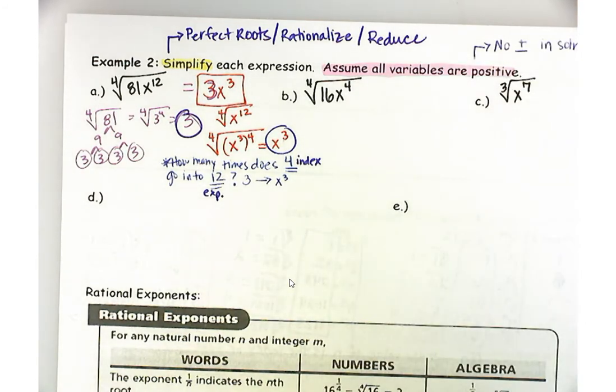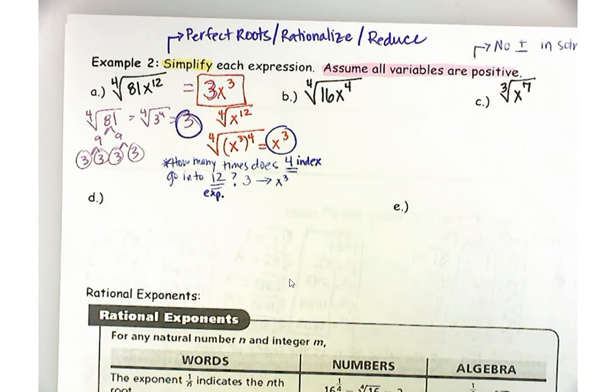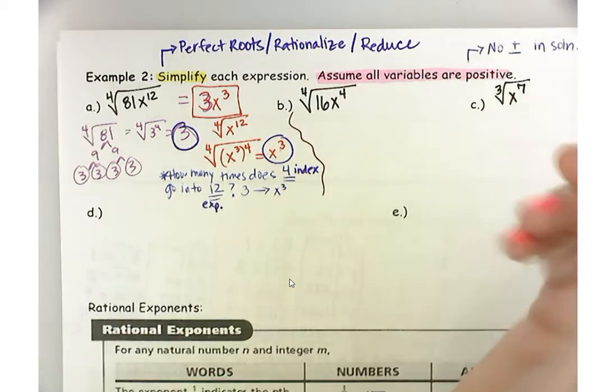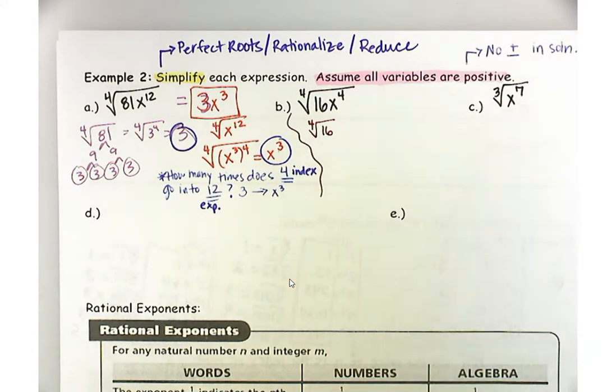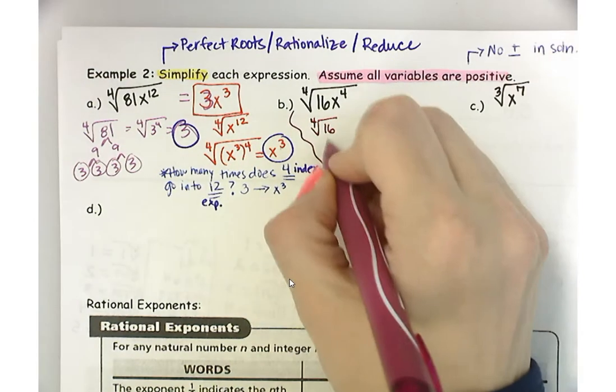Yes, yeah. So the prime part of the factorization is all of these are prime numbers. And 2 times 2 times 2 times 2 is going to be 16. So the 4th root of 2 to the 4th is going to be 2. And then you can say to yourself, okay, how many times does 4 go into x to the 4th? Or sorry, how many times does 4 go into 4? 1 time. So then your final answer should be 2x.